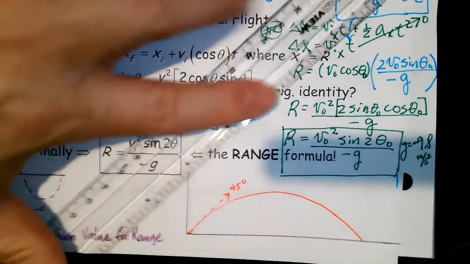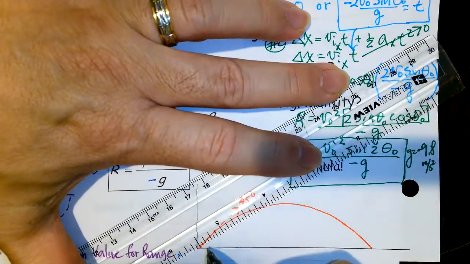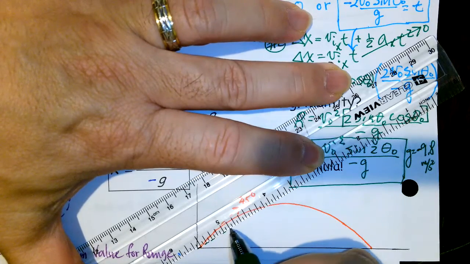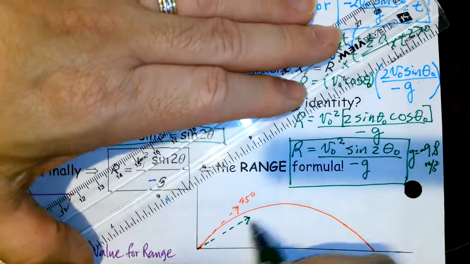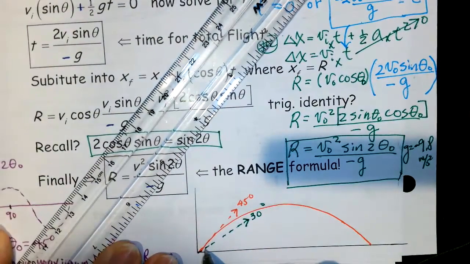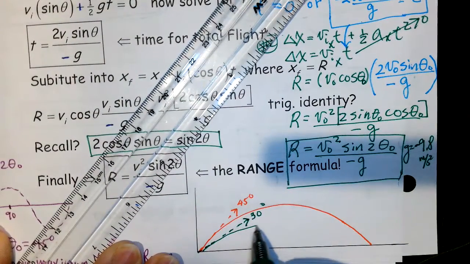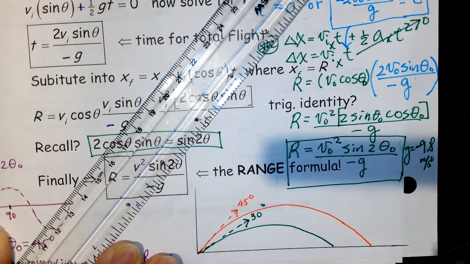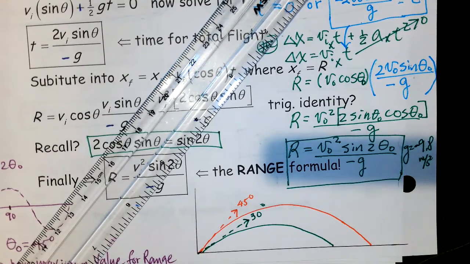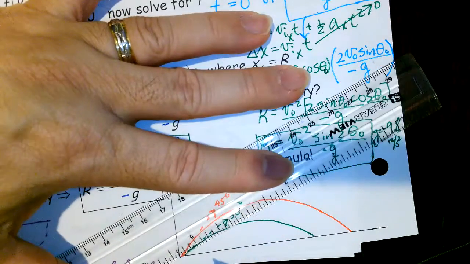However, at lower than that, let's say you do 30 degrees. At 30 degrees, it will not go as far. 15 degrees, even less, okay?